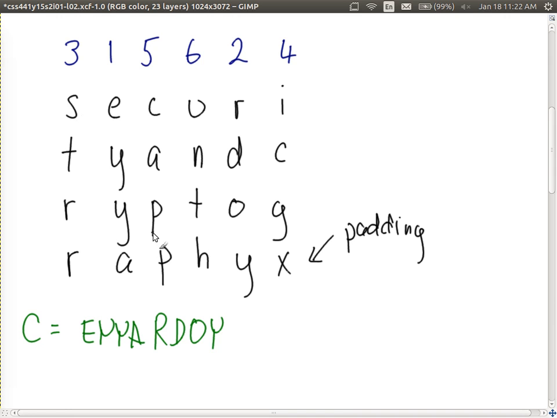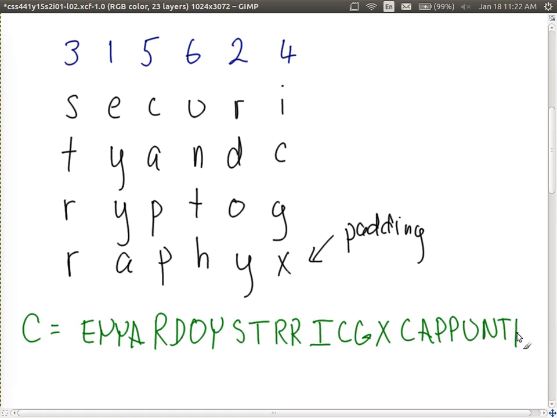And then column number 3. And I'm just writing in uppercase just so we can distinguish between ciphertext and plaintext. Number 4 is ICGX. 5, CAPP. UNTH. So we obtain the ciphertext in this case.